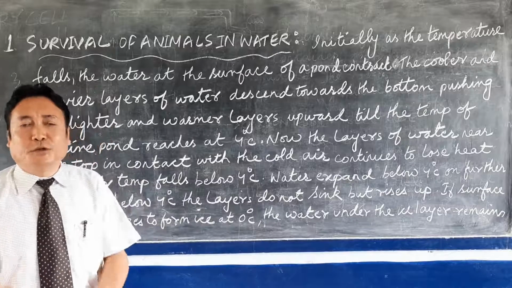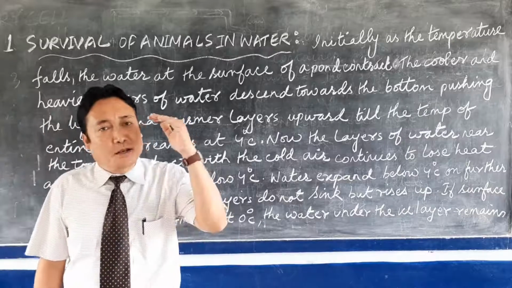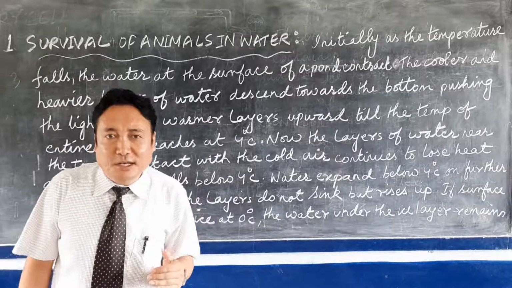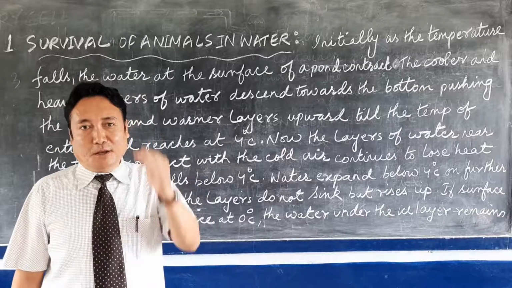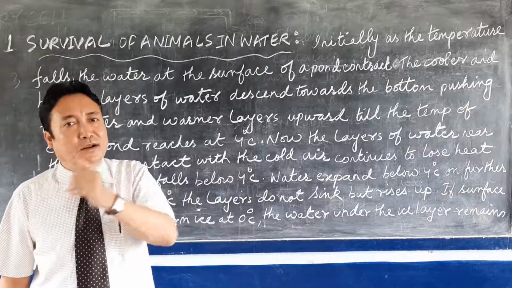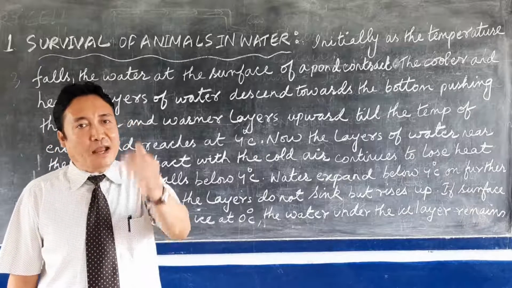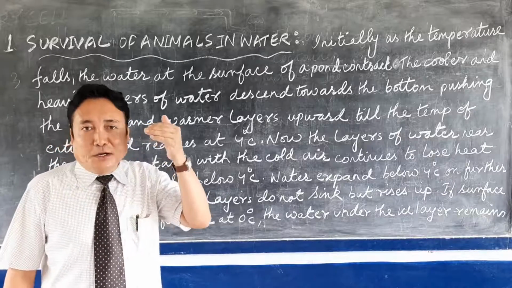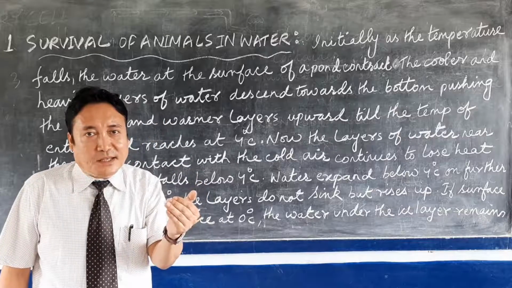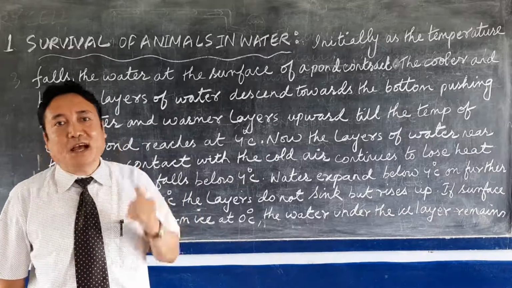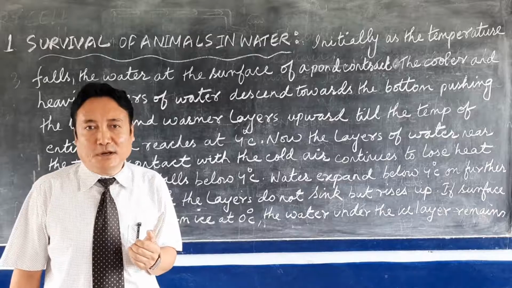Celsius. So now the upper portion has been converted into ice. Now this ice is a poor conductor of heat. And what will happen is that the water beneath the ice cannot transfer heat towards the ice, because ice is a poor conductor of heat.